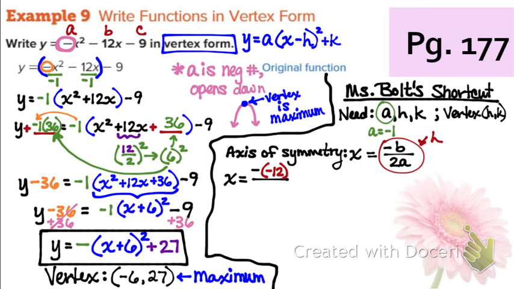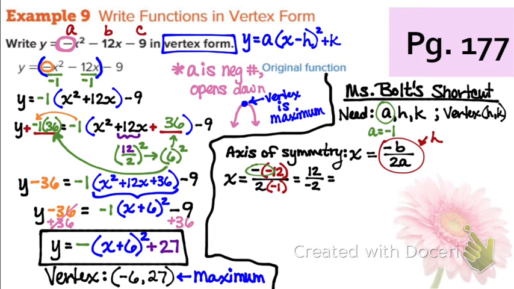What goes on the bottom of my fraction here? 2 times -1, because our a value is -1. What happens when I have a negative times another negative? Becomes a positive. So I have a +12 over what? -2.